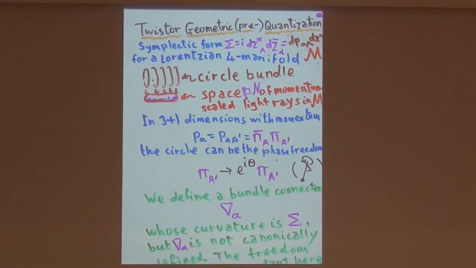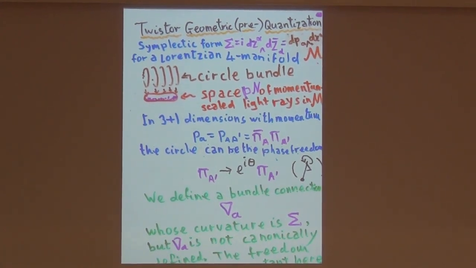It means it only works properly if you're in space-time of 3+1 dimensions, which seems to me the right thing to do. And here you have the phase automatically sitting there, because in twistor theory, if you're looking at the twistor as a whole, not just the projective twistor, but the actual twistor, the null twistor, the space of these things is a circle bundle over the symplectic space. And so you're in the right place to do this geometric quantization.